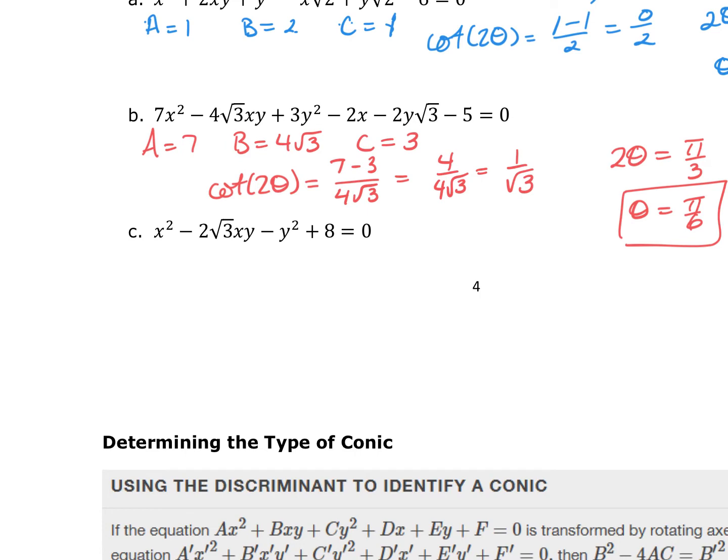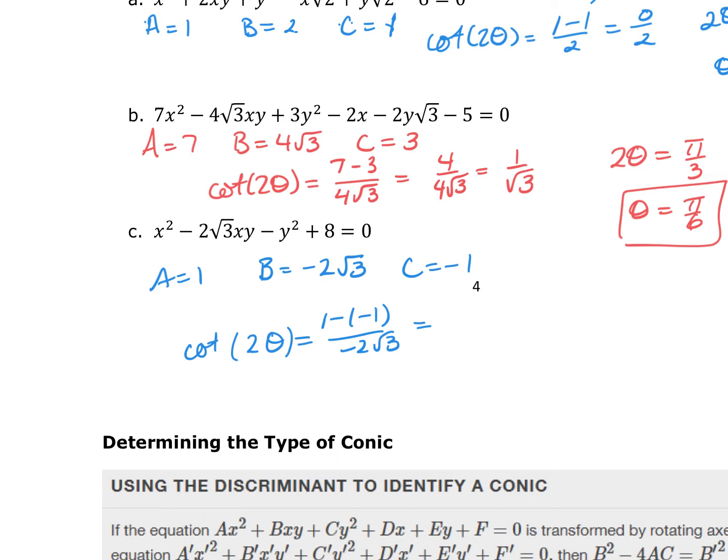Let's take a look at my last one here. I have a is 1, b is negative 2 square root of 3, and c is negative 1. So we have the cotangent of 2 theta is equal to 1 minus a negative 1 over negative 2 square root of 3. So I end up with a negative becoming a positive 2 over negative 2 square root of 3. And so I get 1 over negative square root of 3.